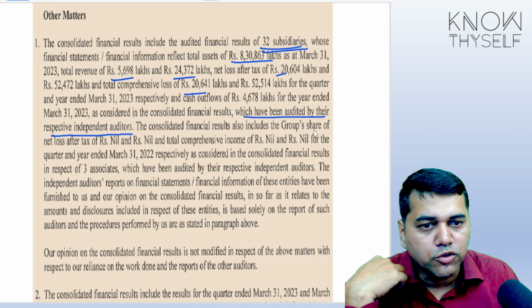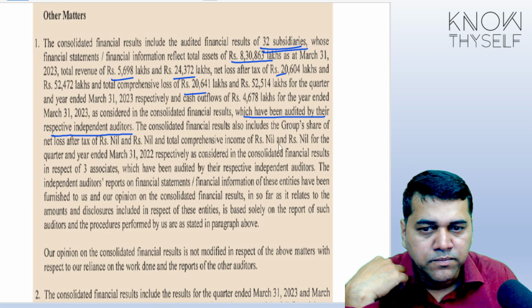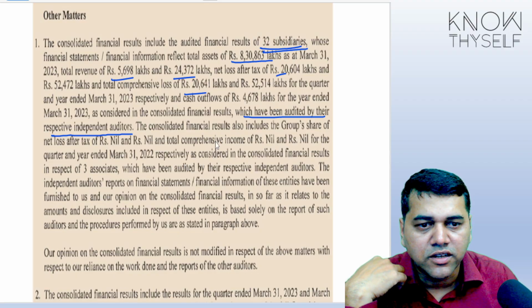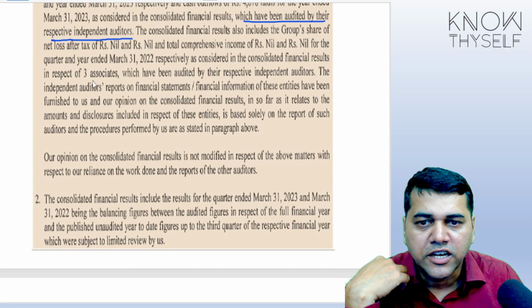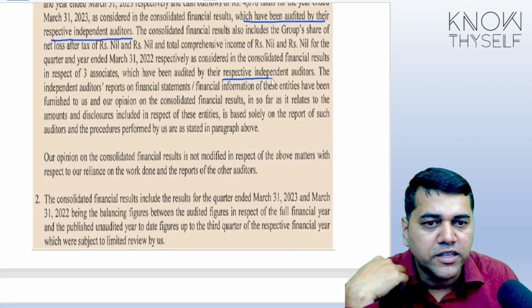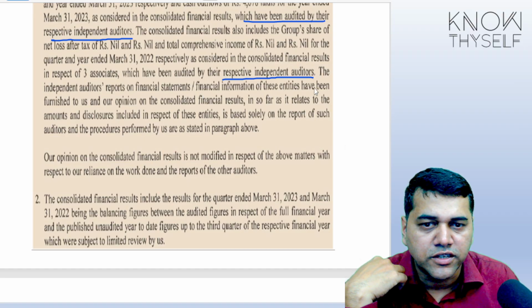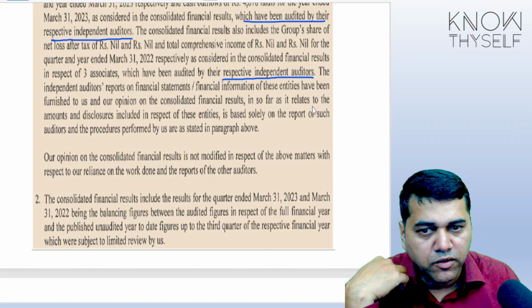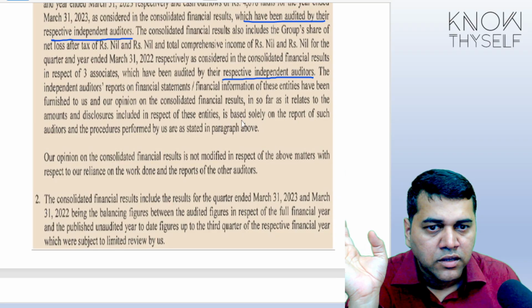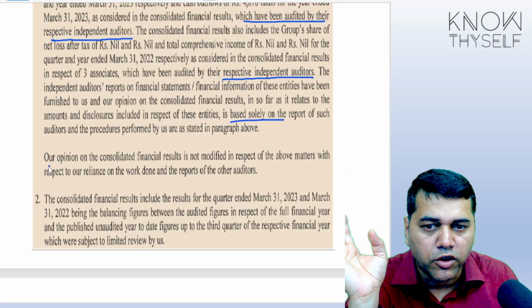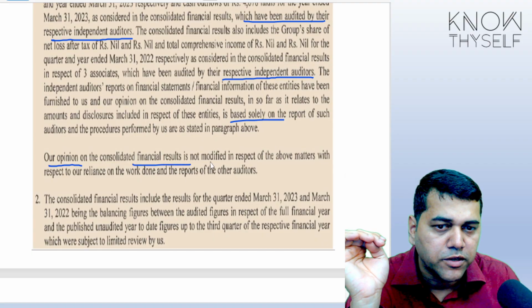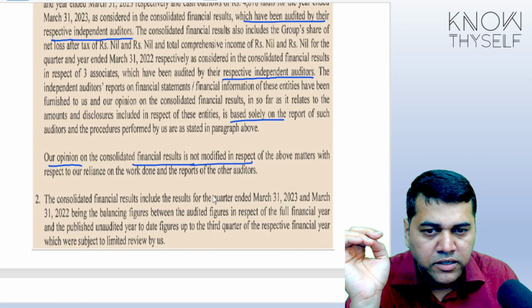The results also include group share of net loss of so and so, as considered in the consolidated financial statement, in respect of 3 associates which have been audited by the respective individual auditors. The independent auditors' reports on the financial statements of these entities have been furnished to us and we have considered them in our financials, solely based on the report of such auditors. Our opinion on the consolidated financial statement is not modified in respect of the above matter.